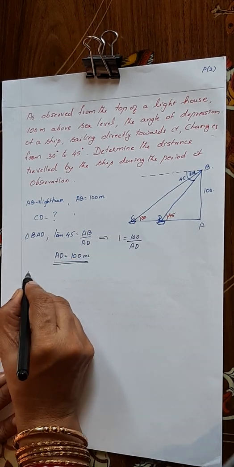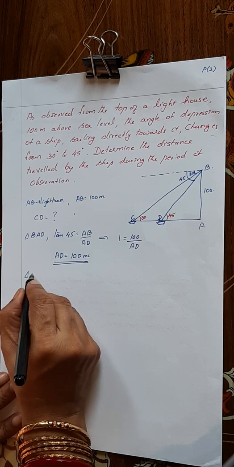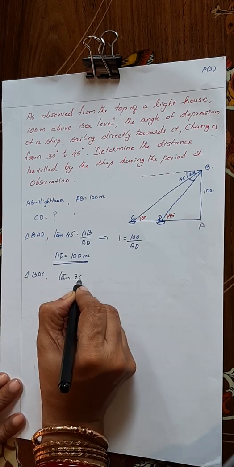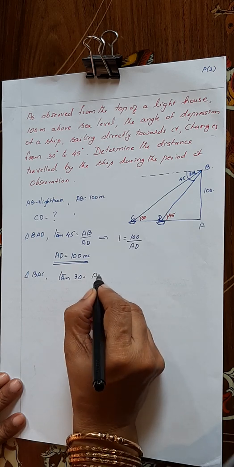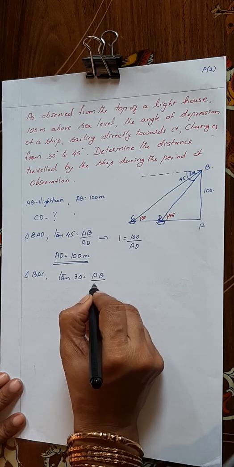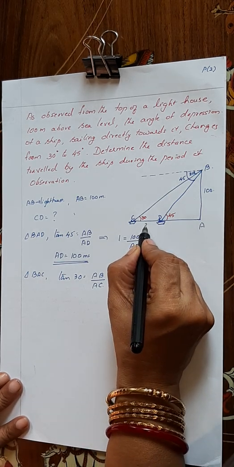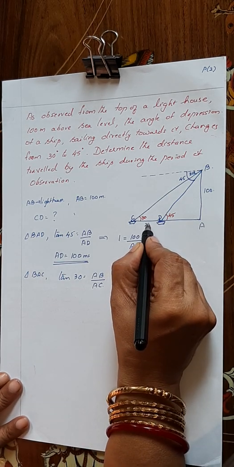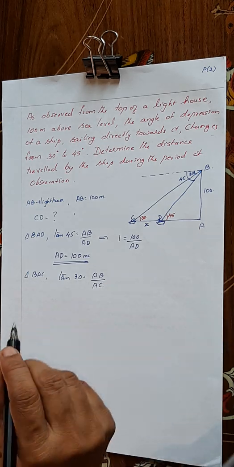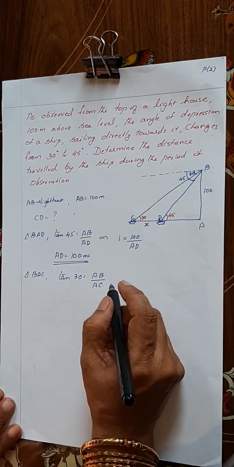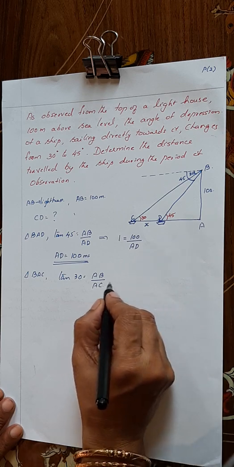Now in triangle BAC, tan 30 is equal to AB by AC. Now we have to find this distance CD. So let this be X. So tan 30 is 1 by root 3.